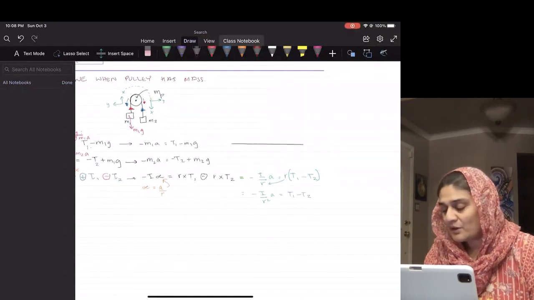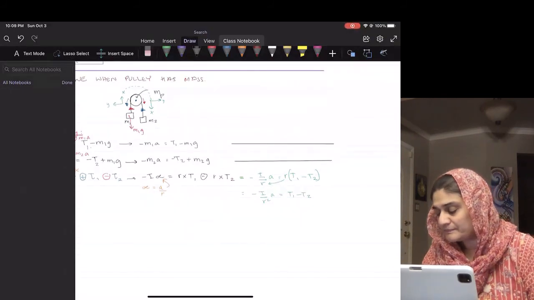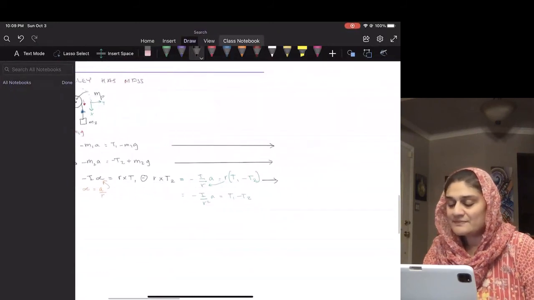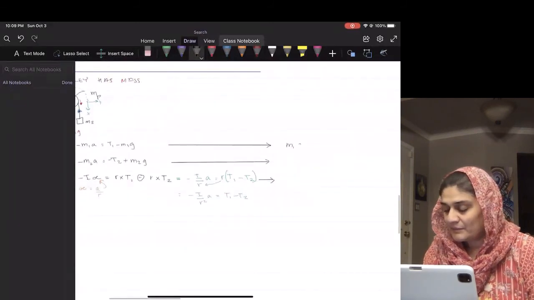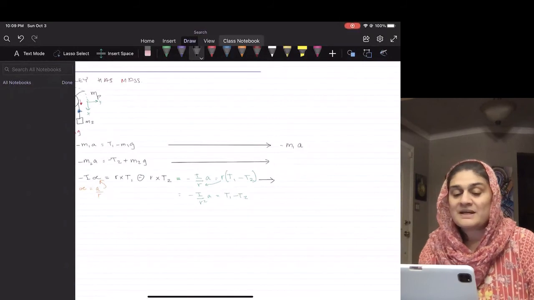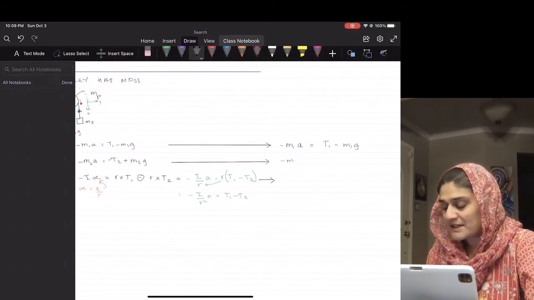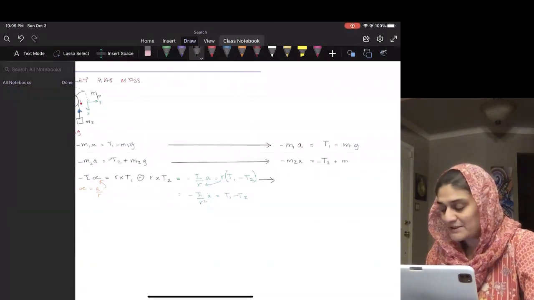I can rewrite all of these equations as minus M1a equals T1 minus M1g, minus M2a equals minus T2 plus M2g, and minus I over R squared a equals T1 minus T2.